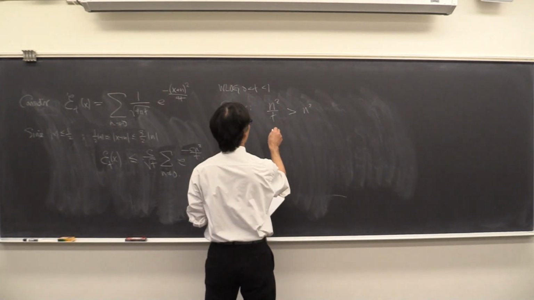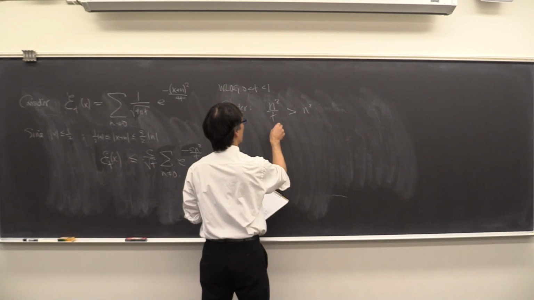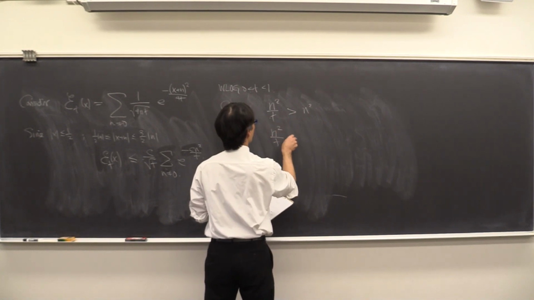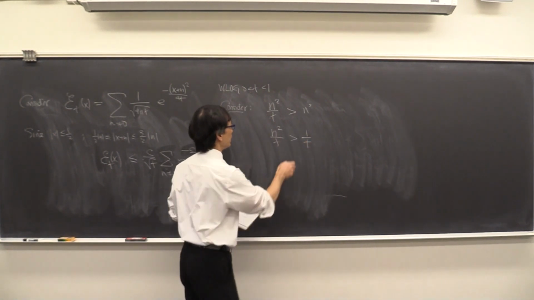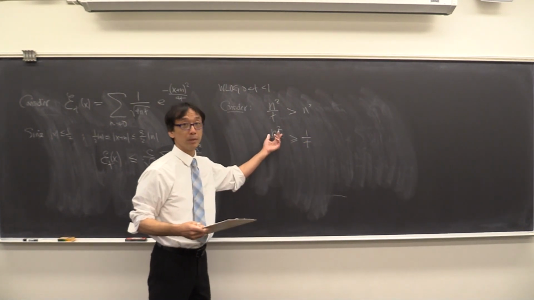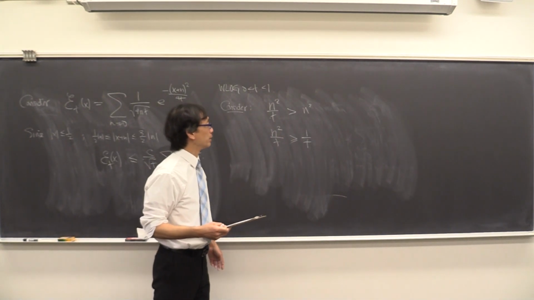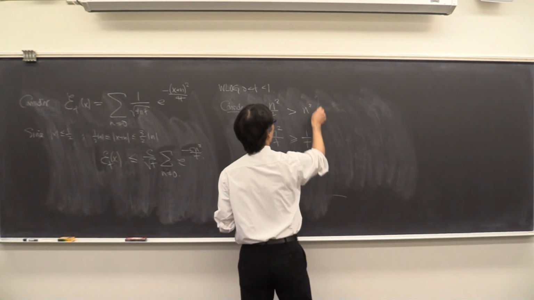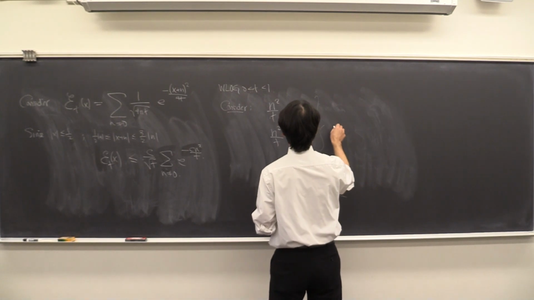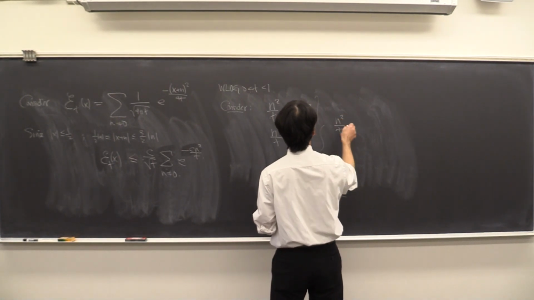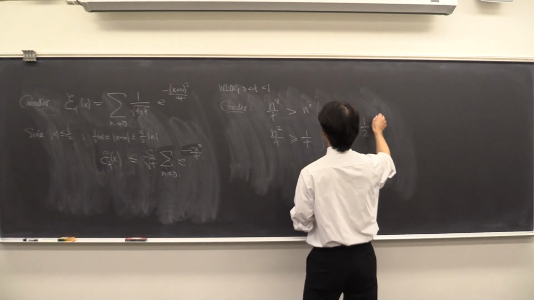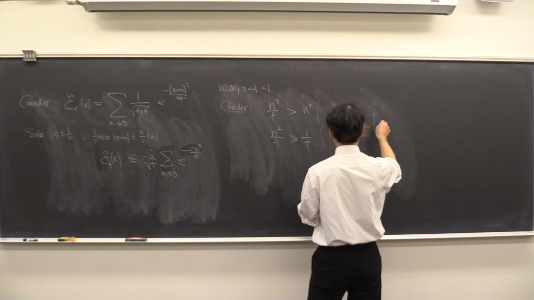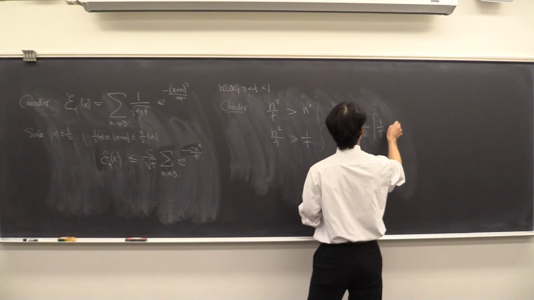But we also have that n squared over t is bigger than 1 over t, because n squared is bigger than or equal to 1, since n is in absolute value greater than or equal to 1. So we can say that n squared over t is bigger than or equal to the average of those two things, 1 over t and n squared.